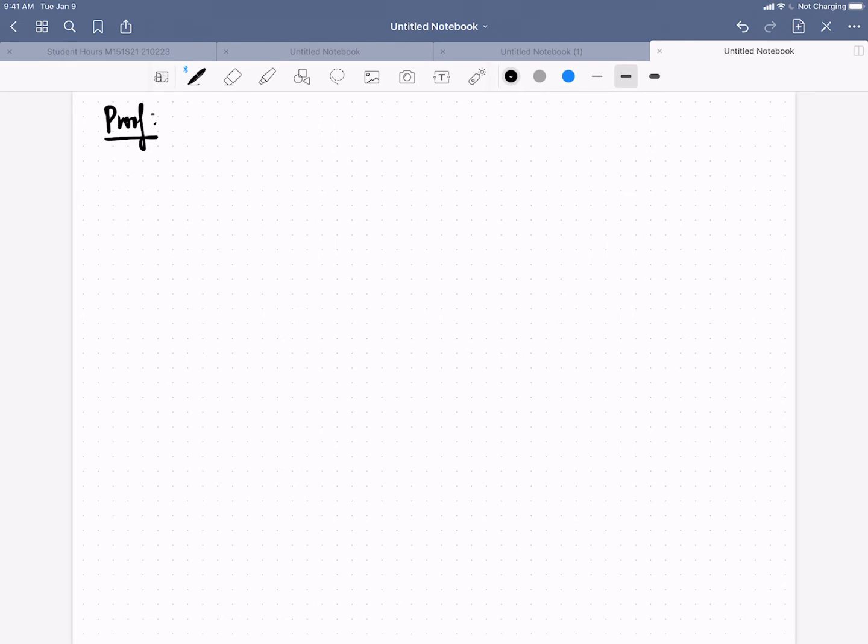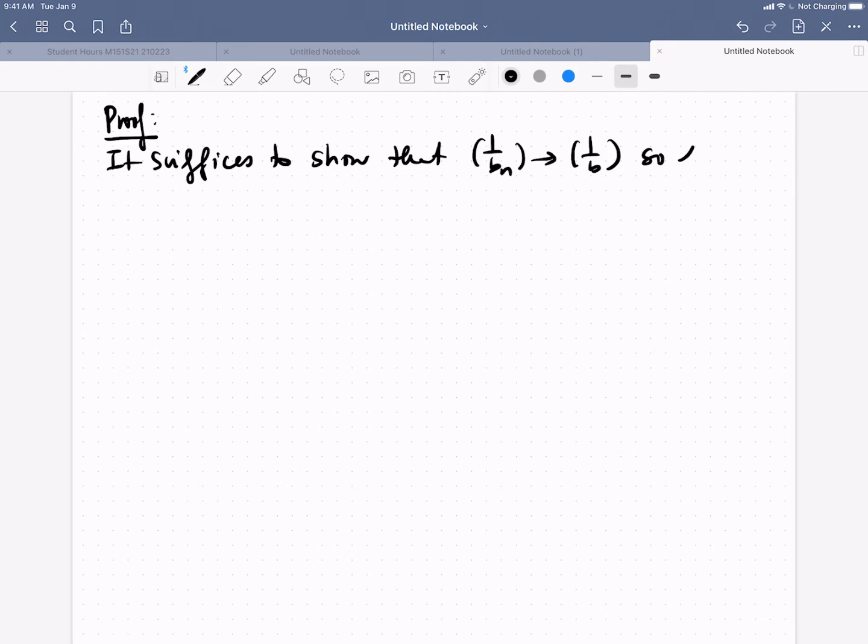First, we need to explain why we can do this special case. So what we'll write is this. We'll say it suffices to show that 1 over Bn converges to 1 over B so long as B is not equal to 0.